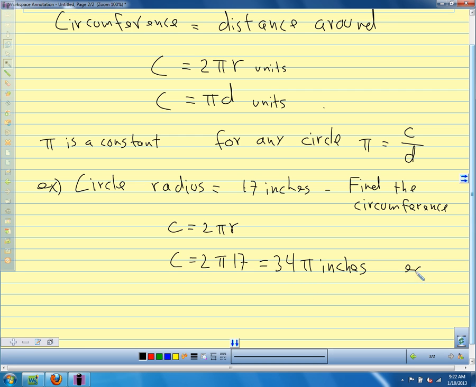If we wanted an approximation, then in my calculator I would multiply 34 by 3.14. Or if your calculator has a pi button, you can use the pi button. And we get approximately 106.81 inches.